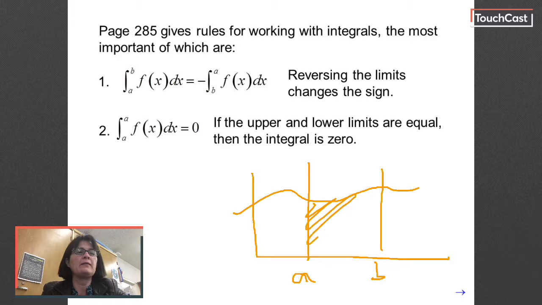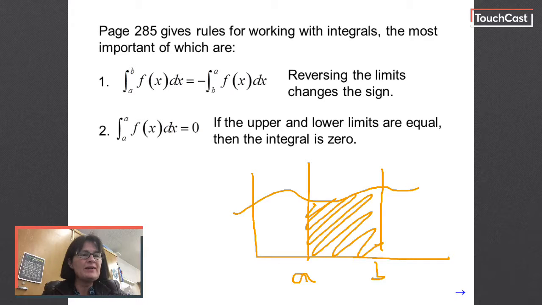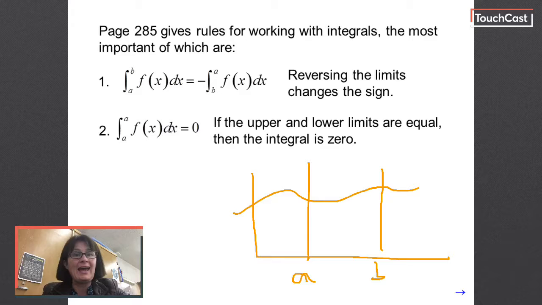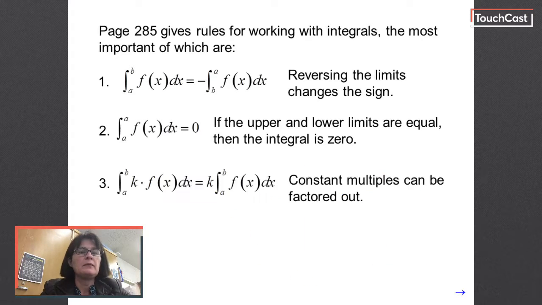Well, I can find that area. But what if I said find the area between a and a? You're essentially finding the area of a line segment, but a line segment is one-dimensional. An area needs 2 dimensions, so this area would be 0. If the upper and lower limits match, the area is 0.